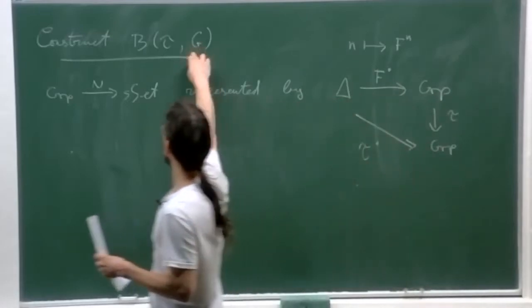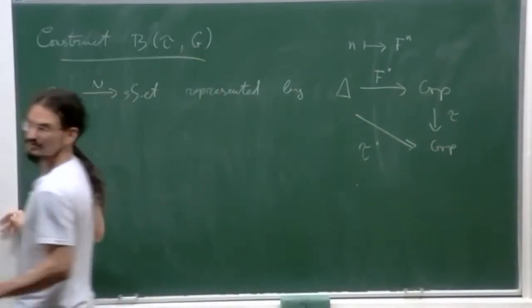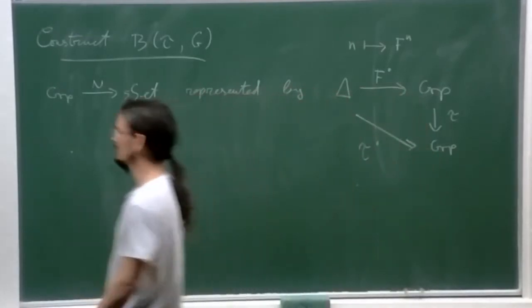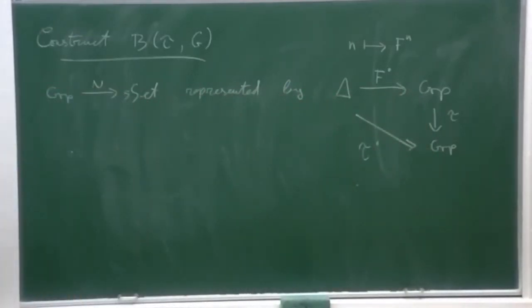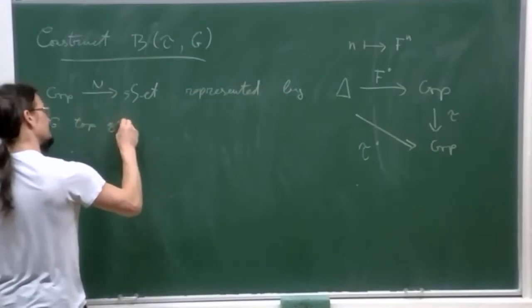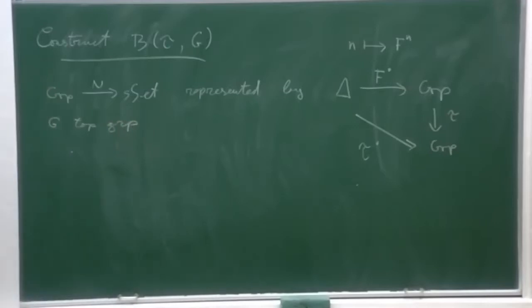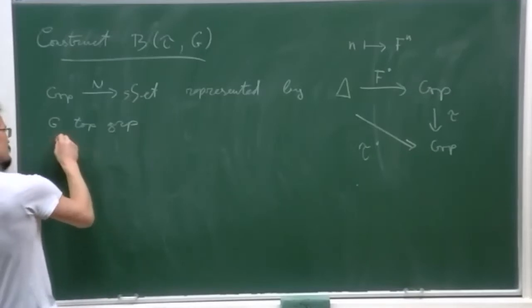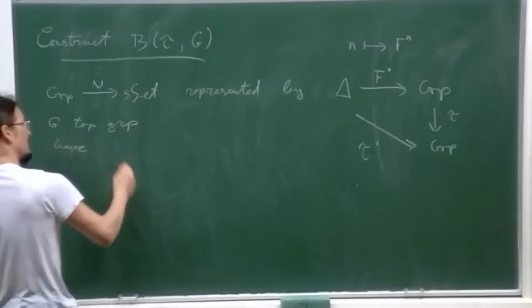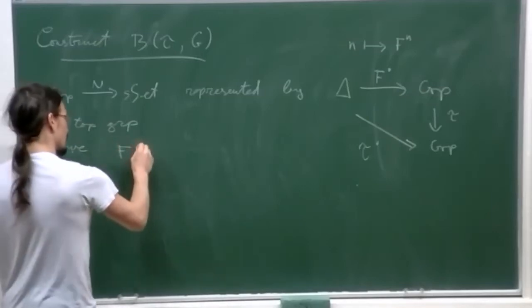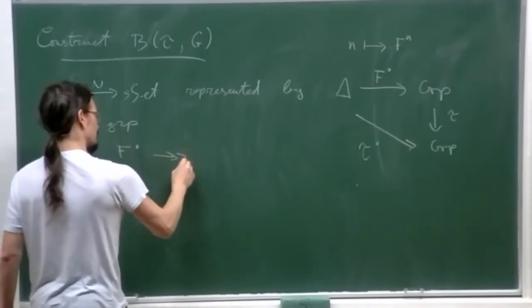And then now if you want to construct this thing, you do the same thing you do with Z. So now if we've got the topological group G, then since we are equipped with that natural transformation, we've got this map from F to tau.